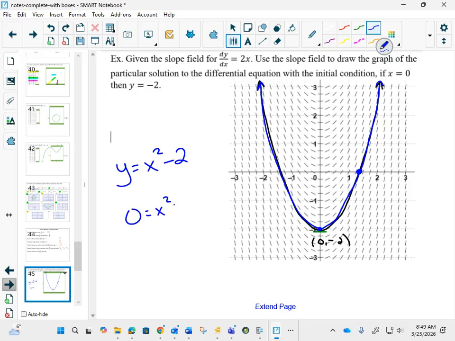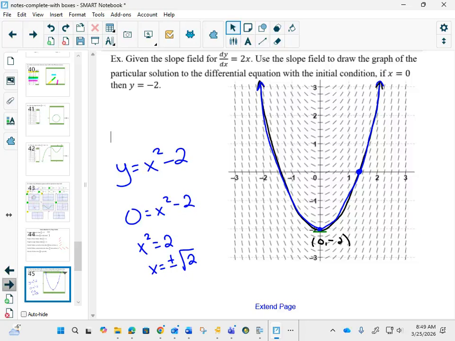Well, if I was solving this, it should be the square root of 2, which is 1.414. Does it look pretty accurate, actually? Worked out pretty nice. It's interesting to see that a slope field, if you follow the slopes, can actually draw a quite accurate graph of what your particular solution should be.